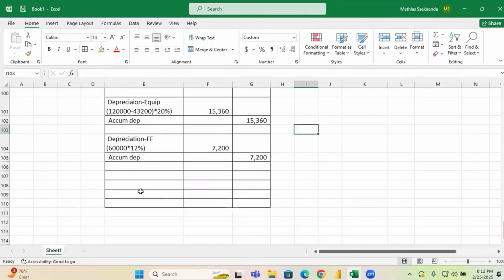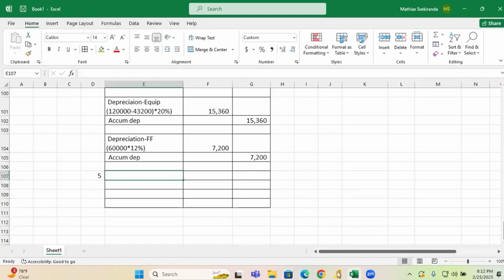So here they just want you to pass the double entries for depreciation. Compute it, pass double entries. Those are easy marks for you, as long as you know how to compute depreciation.